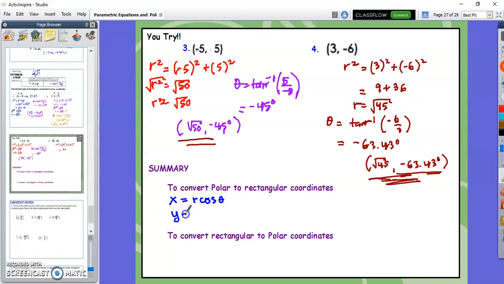For the y coordinate, we're going to use r sine theta. To convert rectangular to polar, we're going to use r squared equals x squared plus y squared, and then for theta, we're going to use arctan of y over x. And there you go.